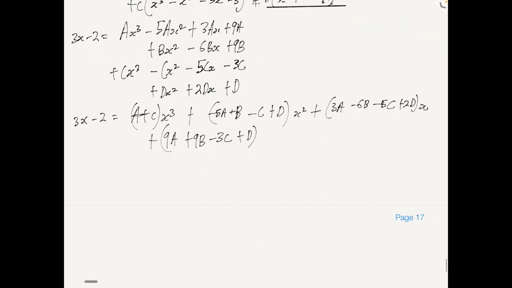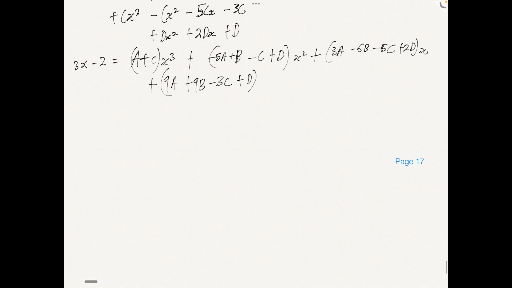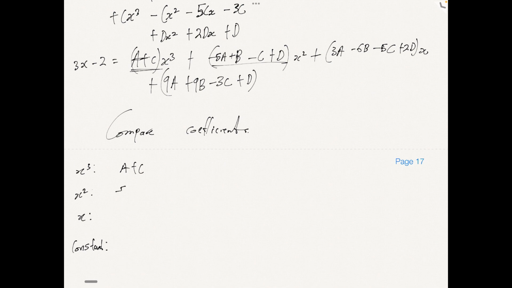Now we will have to compare coefficients. We will compare for x raised to power 3, x squared, x, and the constant term. Now for x raised to power 3 we have a plus c. For x squared we have minus 5a plus b minus c plus d.